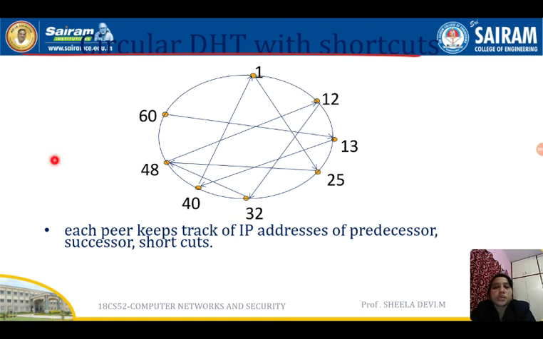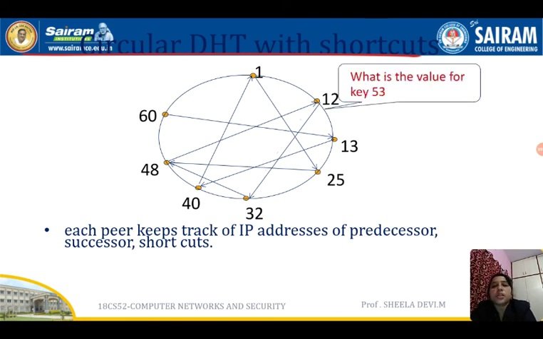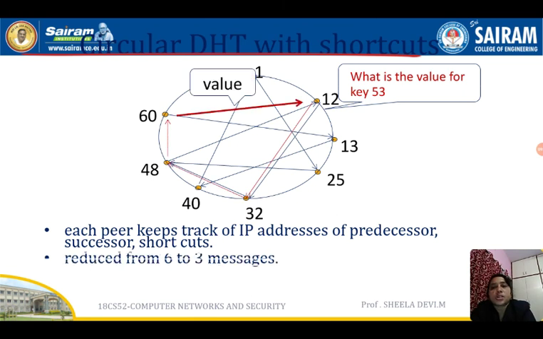Each pair keeps track of the IP addresses of the predecessor, the successor and also the shortcuts. So 12 forwards the query directly to 48 instead of forwarding it to all the intermediate nodes, and it moves directly to 60.